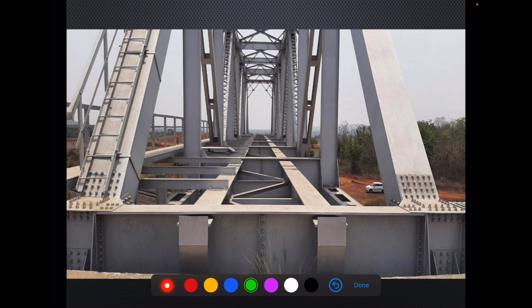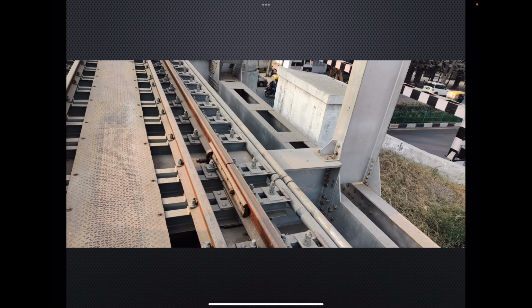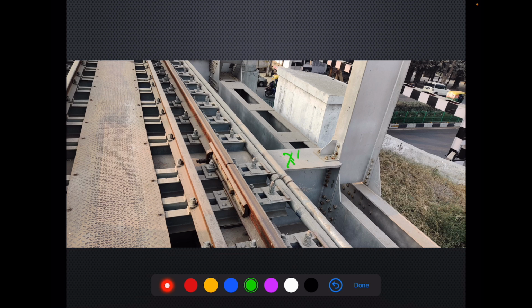Now, just if we remove the sleepers, this photograph is just to make clear what is the arrangement of cross girder and stringer connection, right? So it is clearly visible over here, and the steel sleepers are just placed over them like this, and holding down bolt goes like this. So again, if we look carefully, this is our cross girder, and this is the top flange.